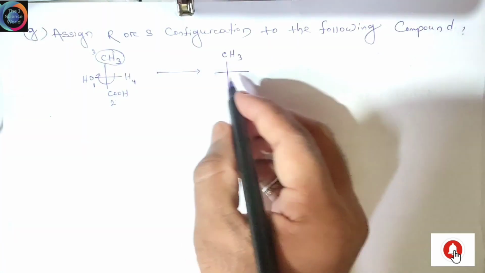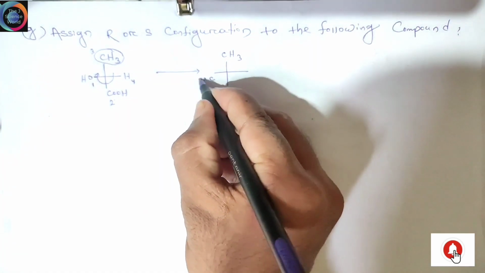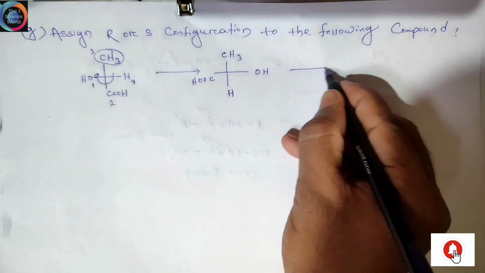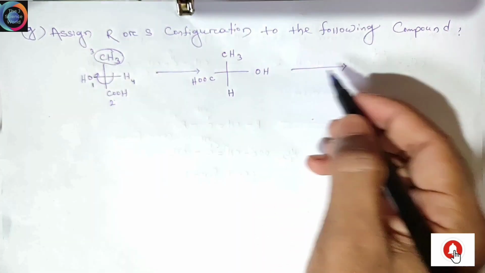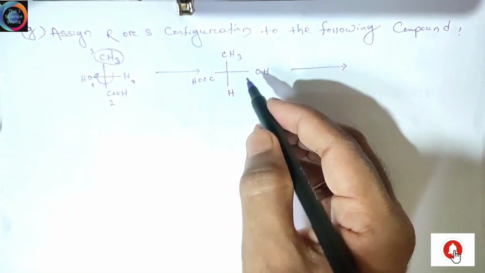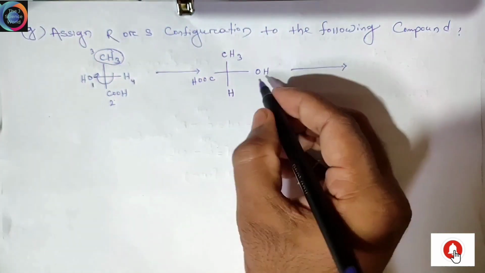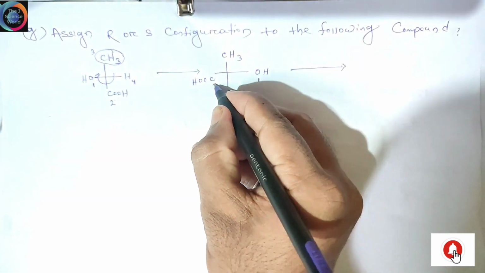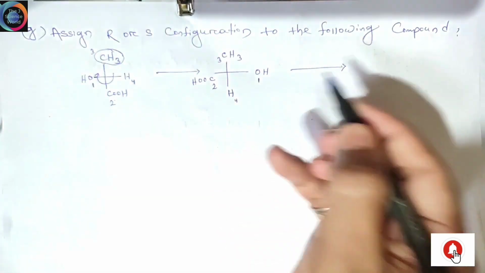So friends, this hydrogen comes to this position, COH comes to this position, and the OH group comes to this position. Friends, the next step is to again number according to priority order, that is, this is our highest priority, this is second, this is third, this is fourth.